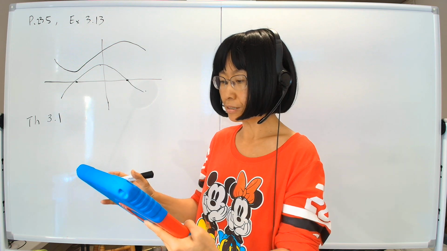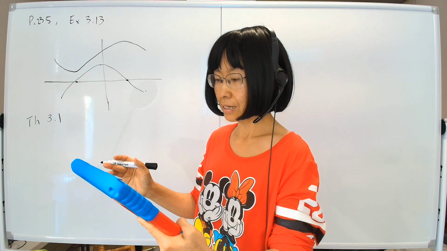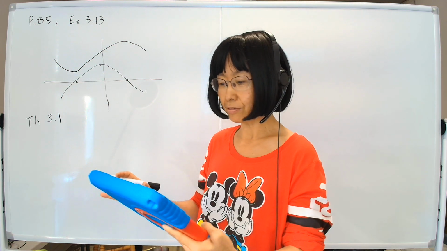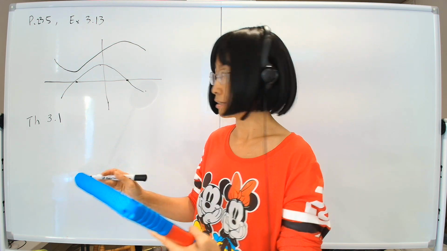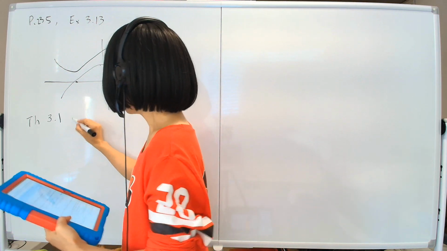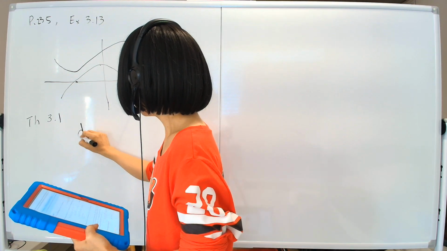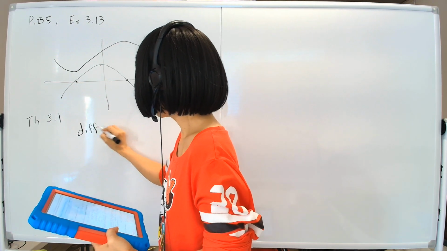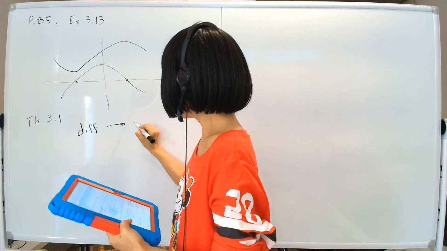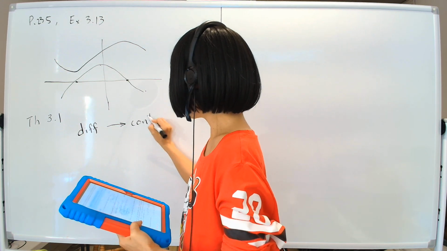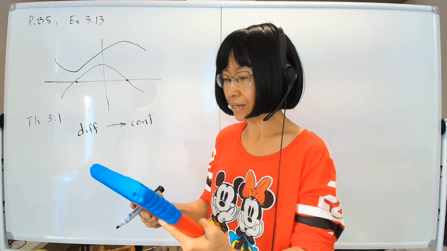What we're trying to prove is, if f is differentiable, then f prime exists. That's what the theorem says: differentiable implies continuous. This is always true. Now, how do we prove that?